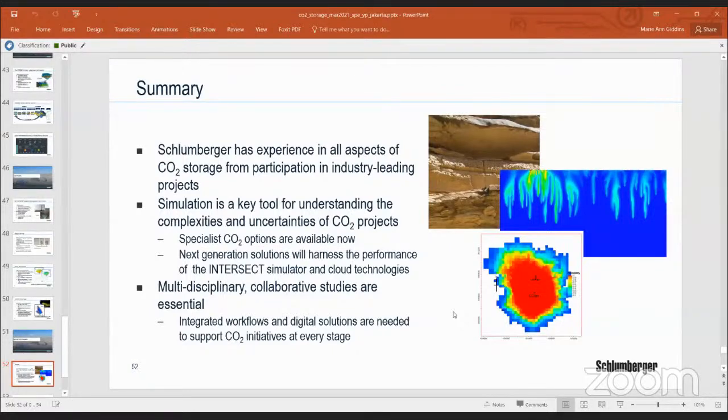Okay, so for the wells, if you have an existing depleted field where you already have wells that will meet the criteria for CO2 injection, or even for being used for observation wells, that's obviously going to reduce the cost of the project significantly.